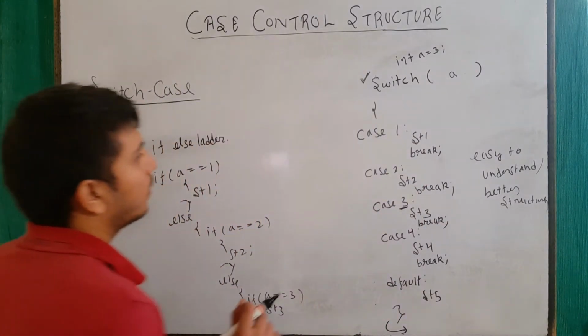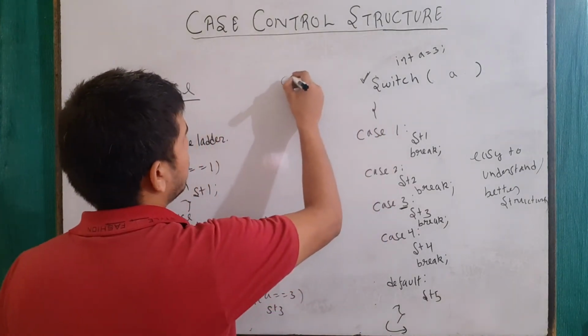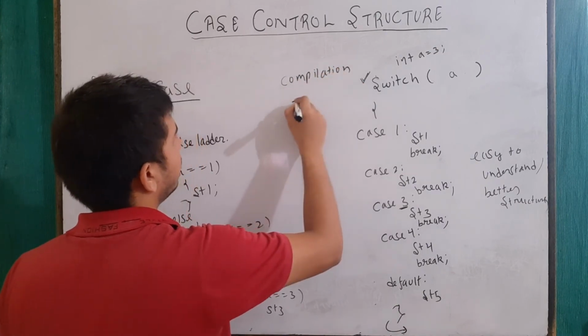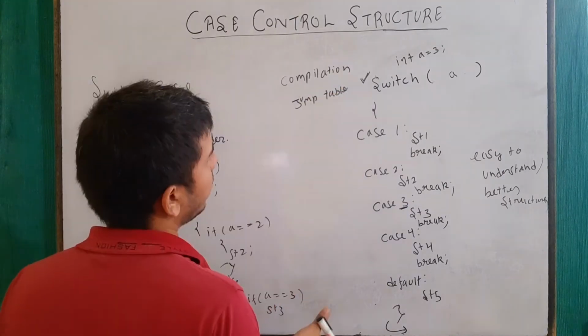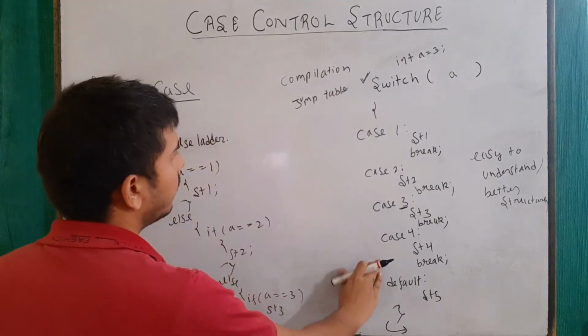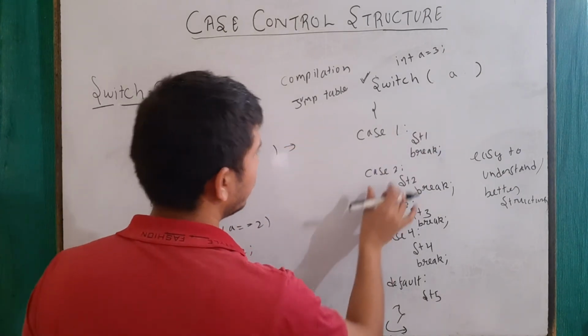The second point is that the switch statement, during compilation, creates a jump table. What happens? It makes a table based on its cases. For example, if the case is 1, then these lines will execute. If the case is 2, these lines will execute.